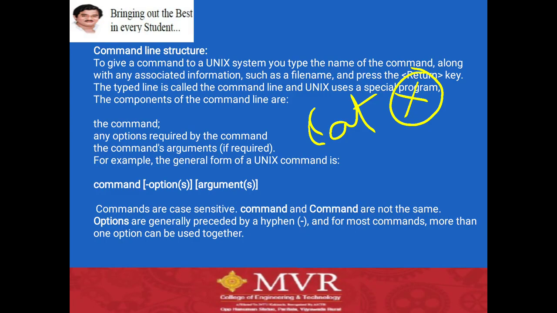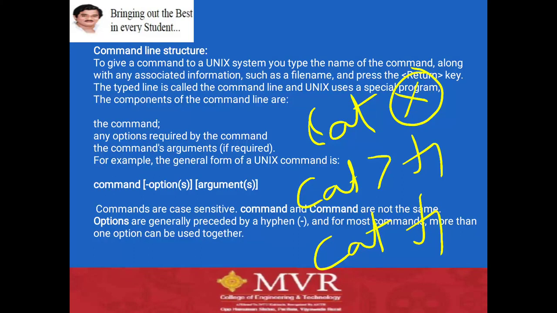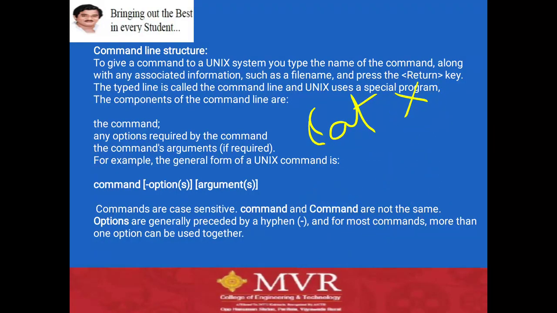First, cat can be used to create files by using cat greater than some file name, or you can simply write cat f1, which will display the contents of this file f1. These are the 2 uses of the cat command, but without anything after it, it won't work. So what we are providing are some arguments to this cat command.